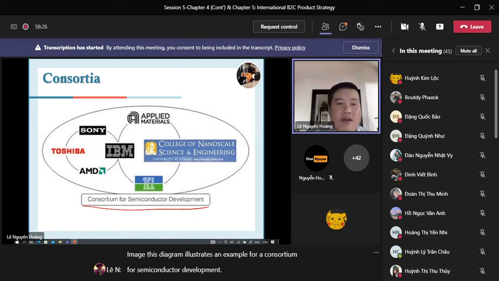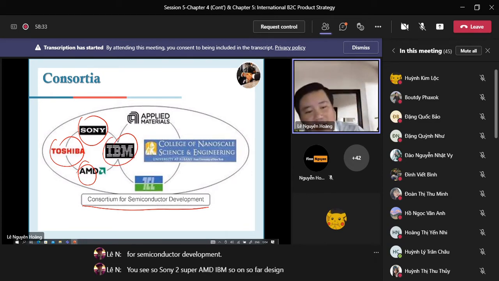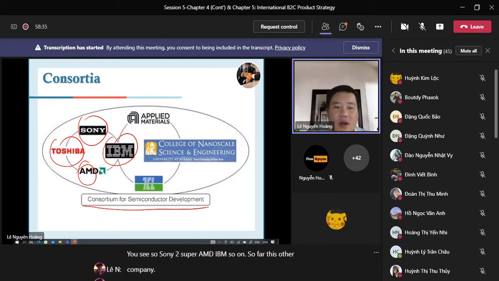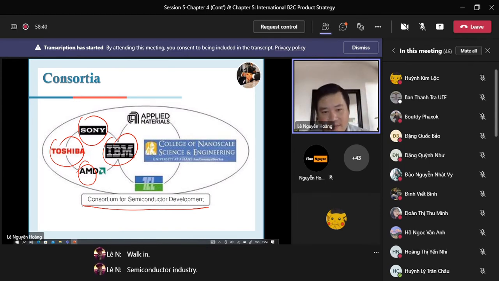You see? So Sony, Toshiba, AMD, IBM, and so on and so forth. These are the companies who work in the semiconductor industry. In this case, they join together. They form a consortia in order to share their cost resources, to cut the cost of expensive equipment or intellectual property.